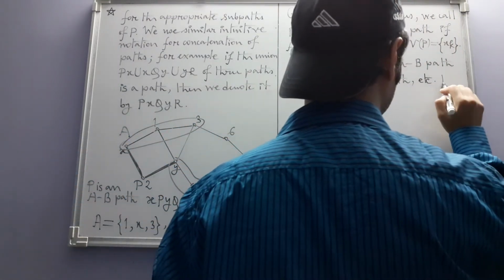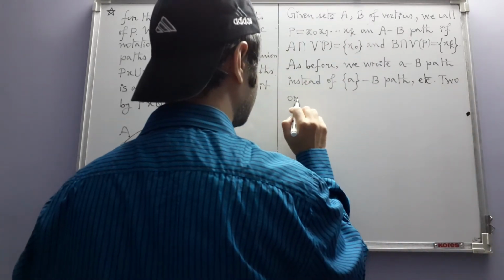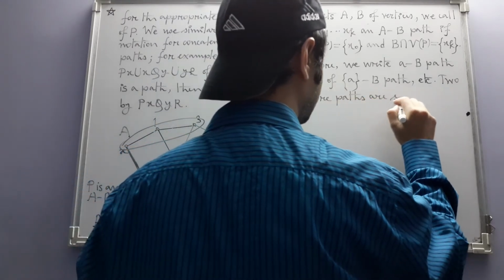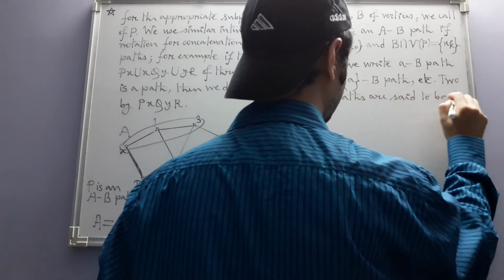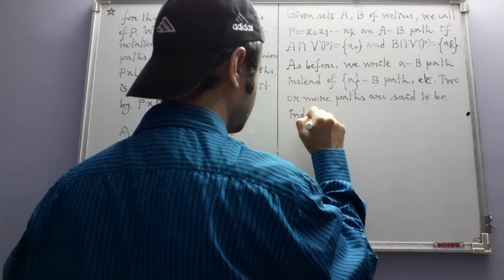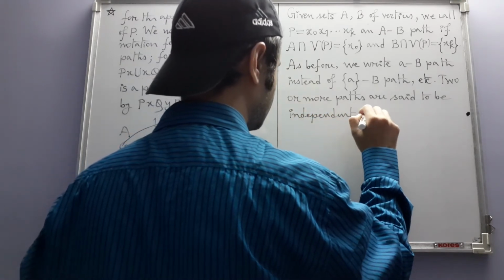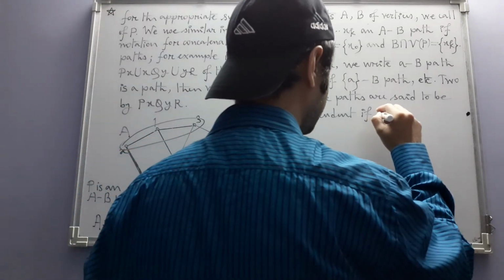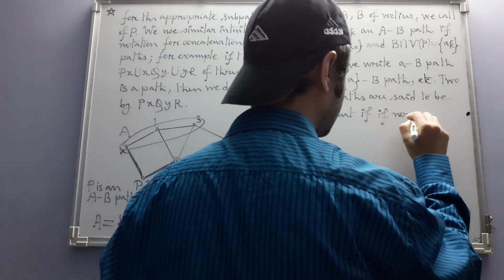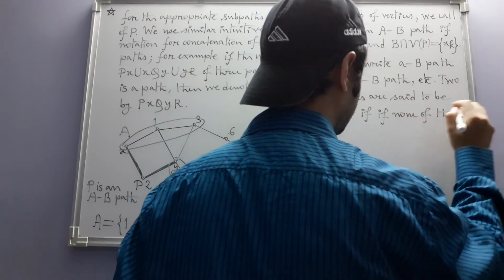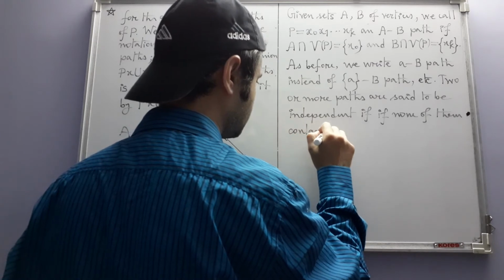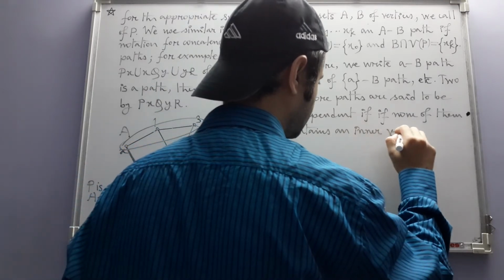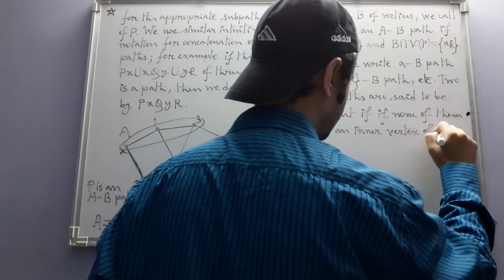Two or more paths are said to be independent if none of them contains an inner vertex of the other.